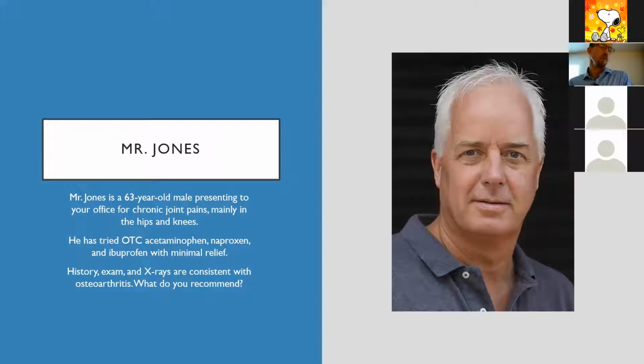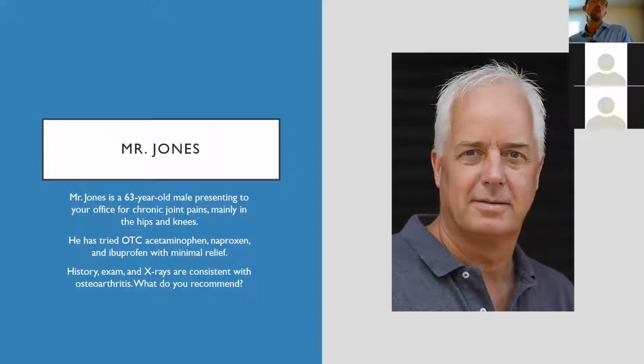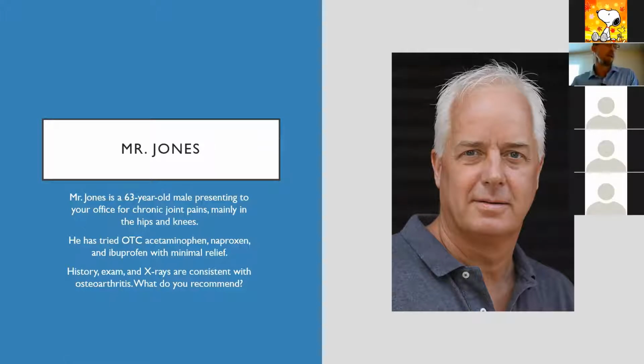Dr. Ernstberger wants to know if Mr. Jones has any history of gastric ulcer disease or heart disease or kidney disease. Very good questions. What is his BMI and is he exercising? Yeah, what is his BMI and is he exercising? It sounds to me like you're getting at some cardiovascular risk factors there.